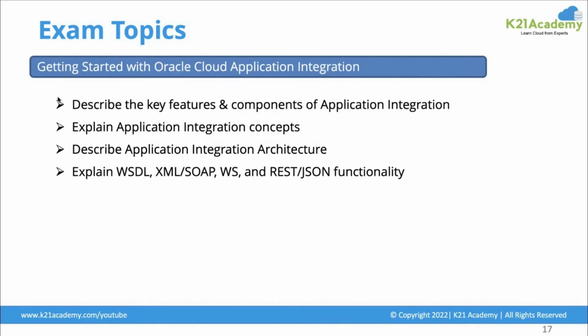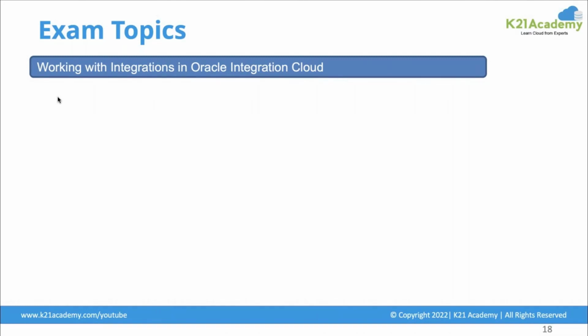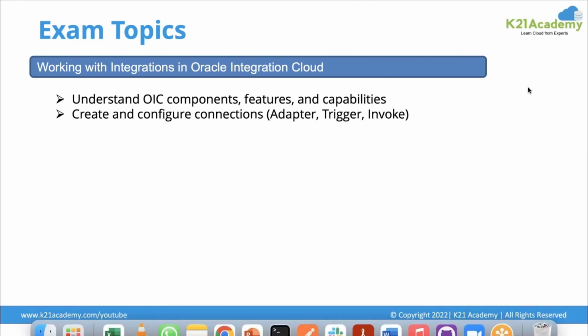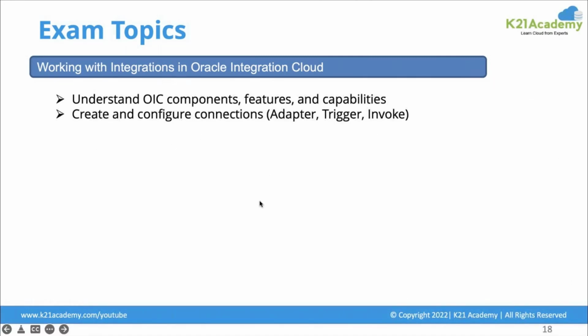So the first topic is the common topic, and the second topic is specific to the integration. You need to understand the OIC components, its features and capabilities. When you are creating a connection, you need to look at all those adapters very carefully.